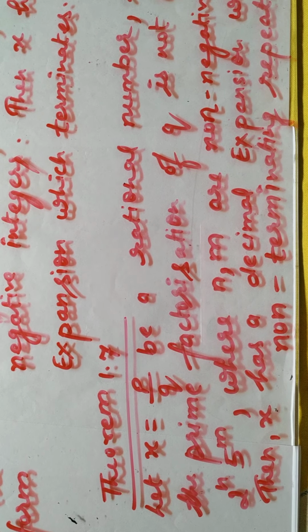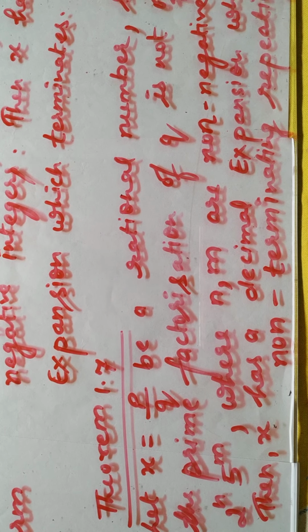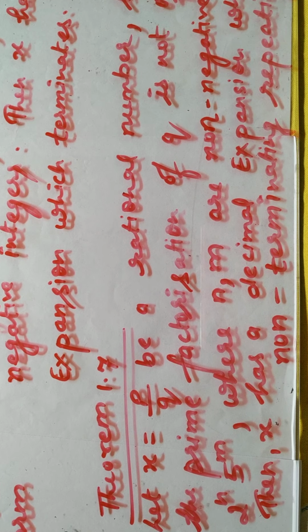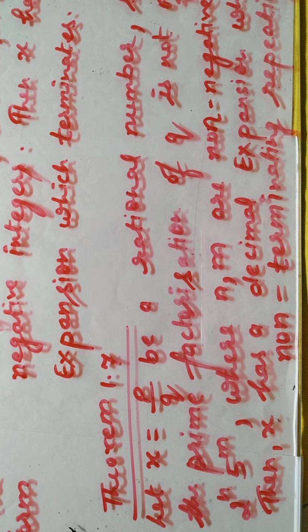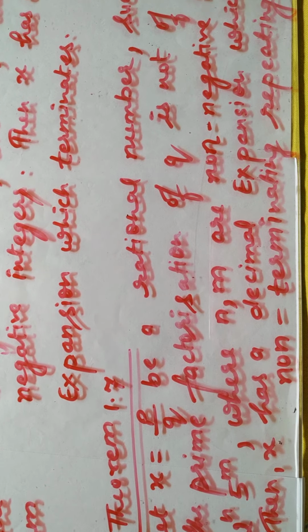And next, if we are not able to write the denominator in the form of 2 to the power n or 5 to the power m, then that rational number is non-terminating and repeating. Here we are discussing rational numbers, not irrational numbers, because the clear definition of an irrational number is non-terminating, non-repeating.